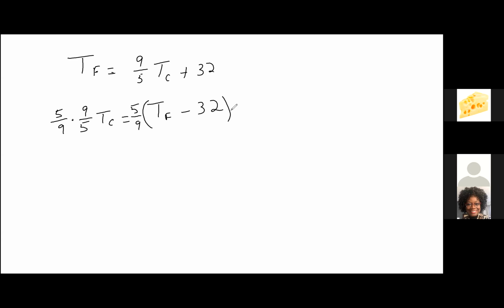And for some reason, students like to just make it 5/9 times temperature Fahrenheit. I have seen this so many times. Let me show you what I see all the time. I see temperature Celsius, and I see 5/9 temperature Fahrenheit minus 32. That's what I see so often. And that is not correct. It has to have the parentheses. Okay? So therefore, this is my second equation. Please make sure you note that it has to be what? Parentheses. Okay.